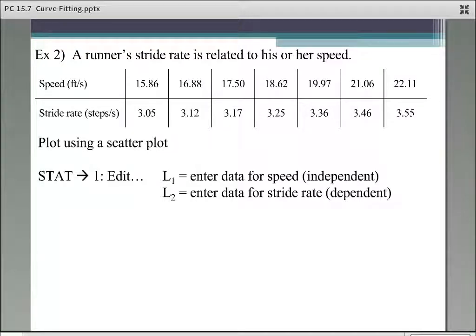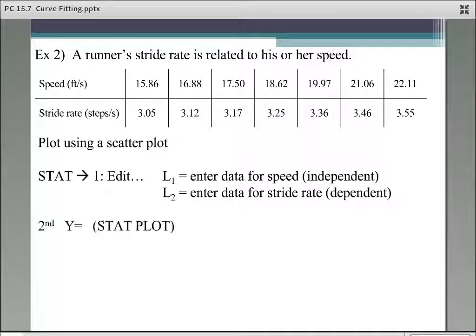So the 3.05, 3.12. Make sure that each speed is matching up with the correct stride rate. It should look like that once you've got all of those entered.